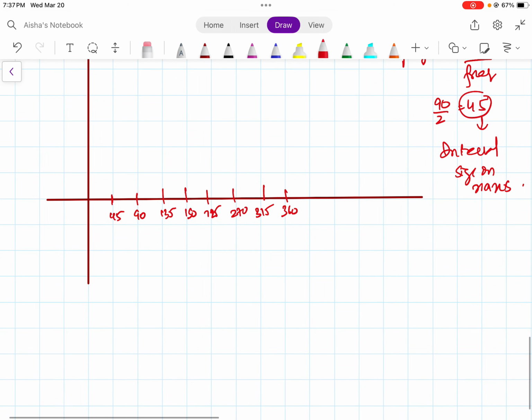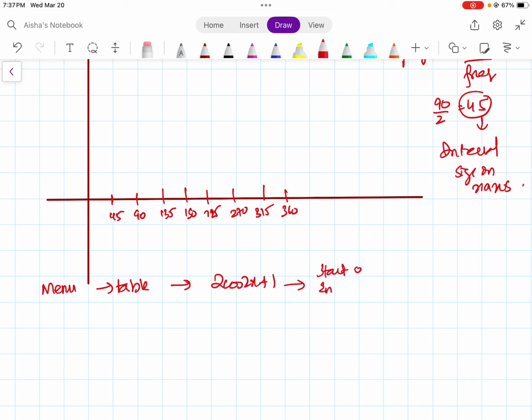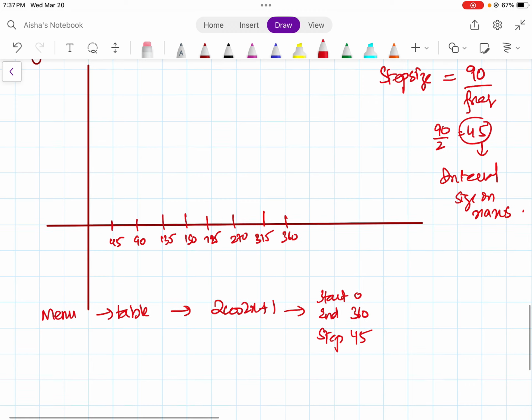Okay, now again I'll make the table. I use the table option. You go to menu, table, input the function 2 cos 2x plus 1. Start is 0, end is 360, and step size is going to be 45 here. That's how I do it. So the entire table comes in and it's easy for you to plot.